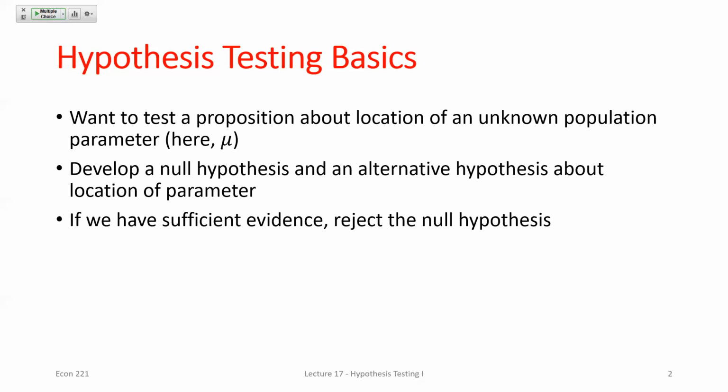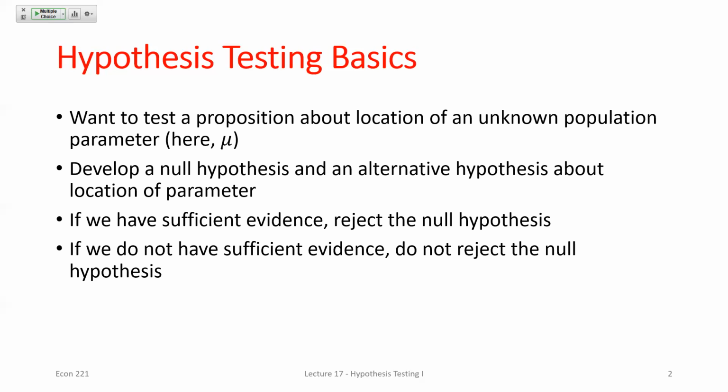Maybe that's far enough away from what I assumed that I'll reject my null. With my sample of 100 people, I only see a sample mean income of 40,000. Well, what I assumed is probably wrong, so I should reject the null hypothesis.